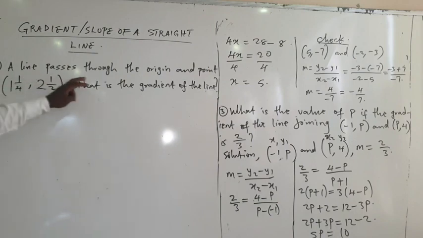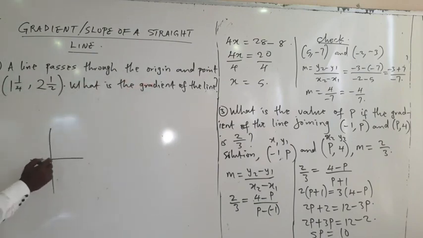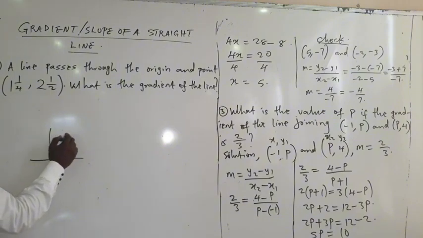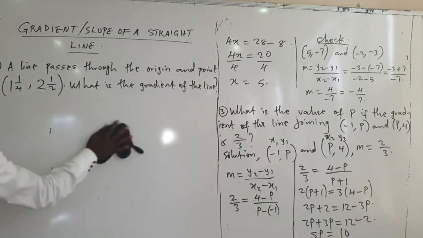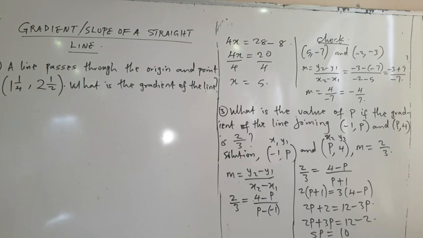So a line passes through the origin, and the origin on the xy plane is the center, where the x-axis and the y-axis meet. Where the x-axis and y-axis meet, x is equal to 0 and y is equal to 0. So that's the meaning of origin. So in this case, the first point is given as the origin.